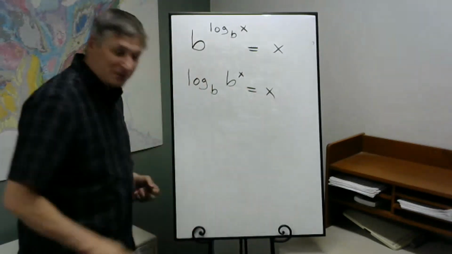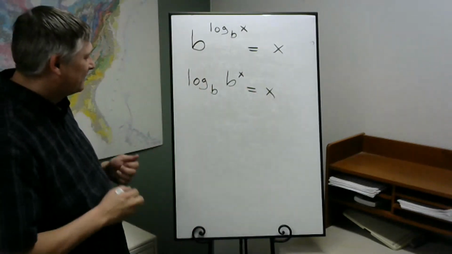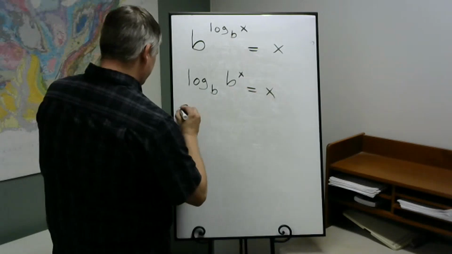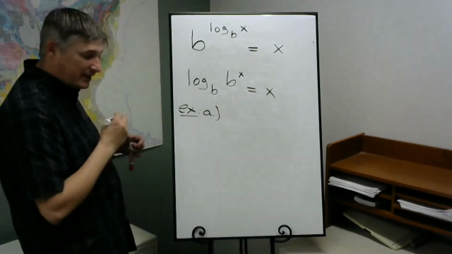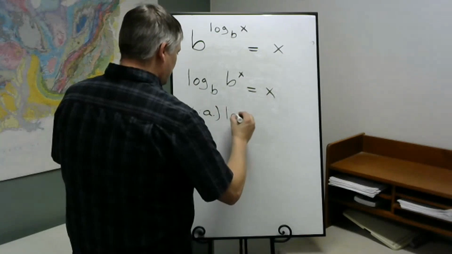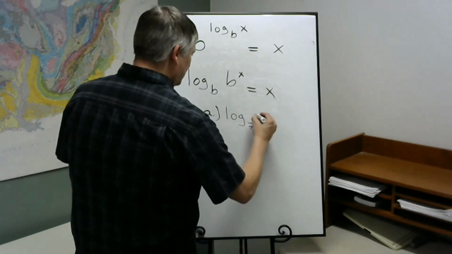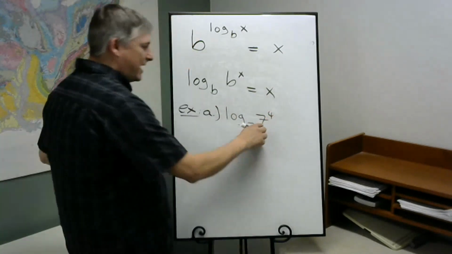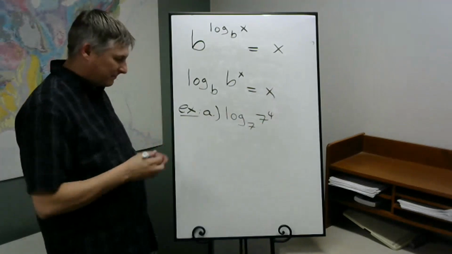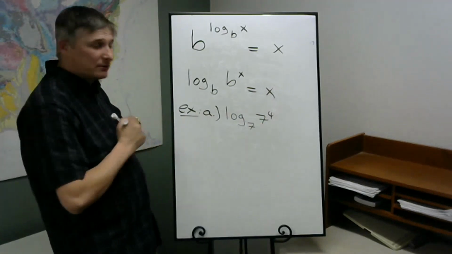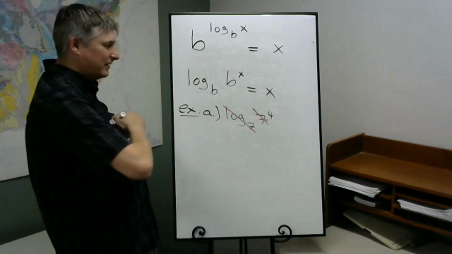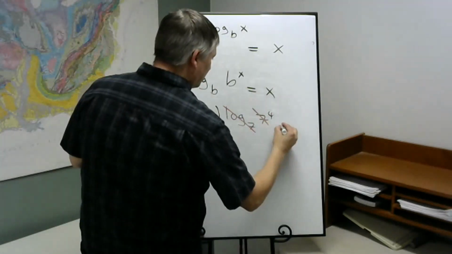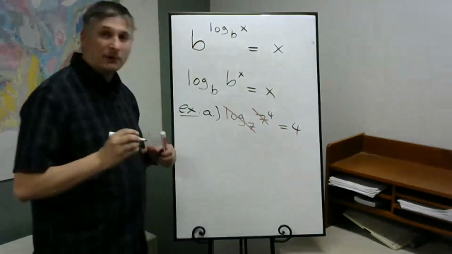So what does this mean practically? Well, if we have log base 7 and then an exponent base 7, the log and the exponent will cancel. And we'll just get the power 4.